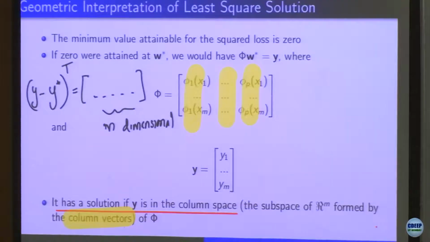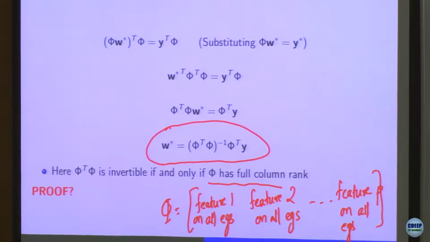So feature 1 on all examples, feature 2 on all examples, feature P on all examples. That's what phi was, right? So what does it mean that phi has full column rank then? So every feature is basically doing something useful. No feature is just a combination of other features.